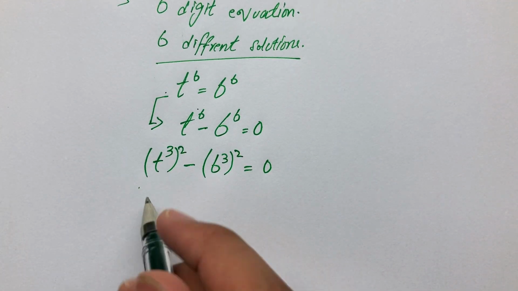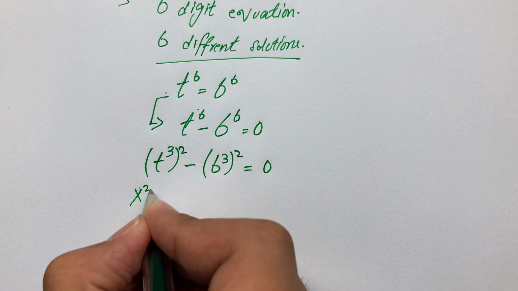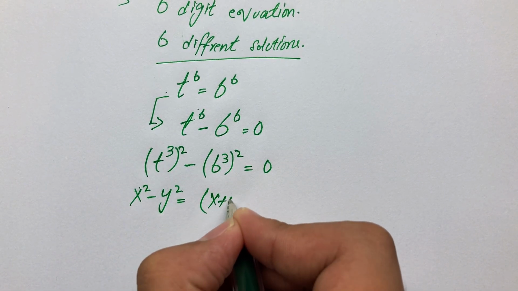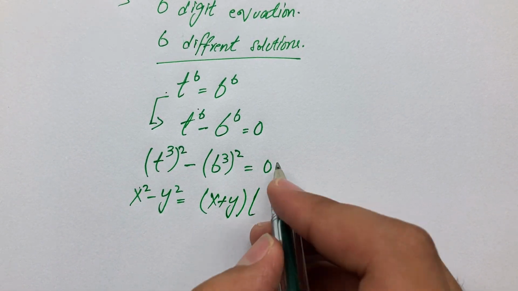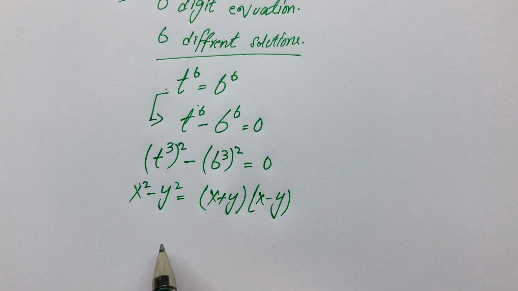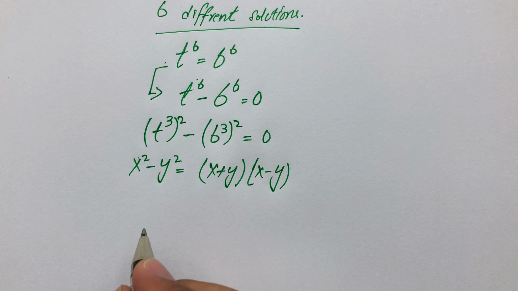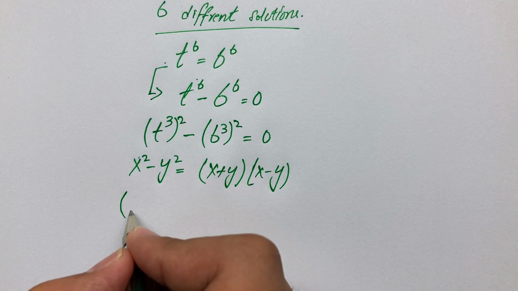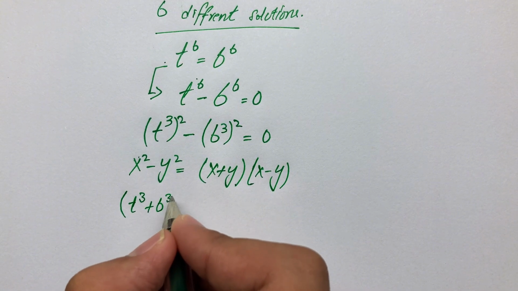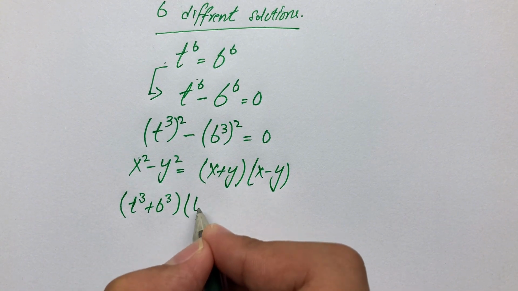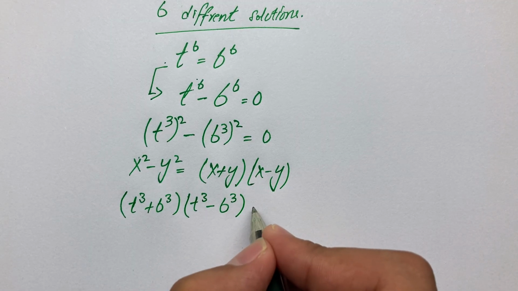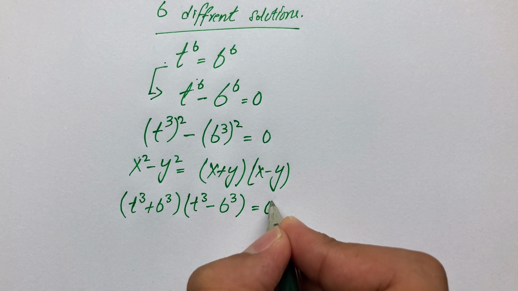Now we are using this formula: x square minus y square is equal to x plus y into x minus y. So this will be t to the power 3 plus 6 to the power 3 and t to the power 3 minus 6 to the power 3 is equal to 0.